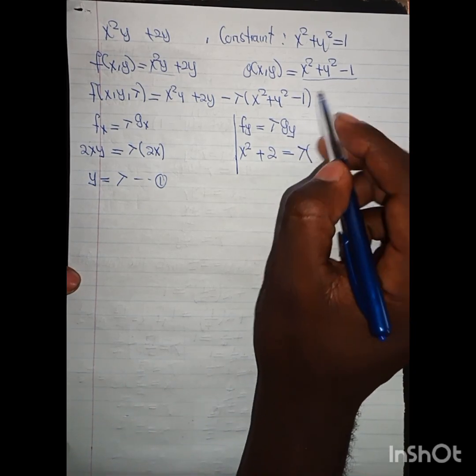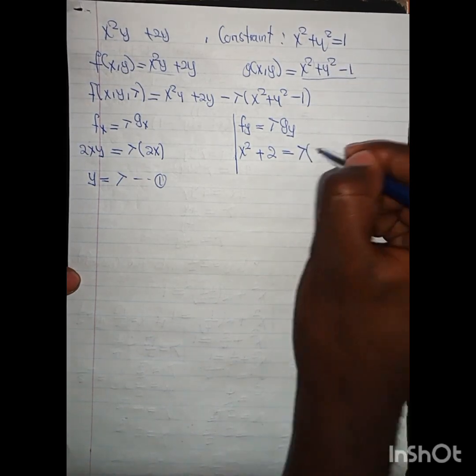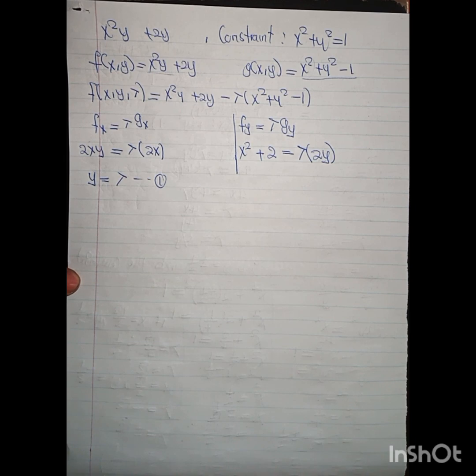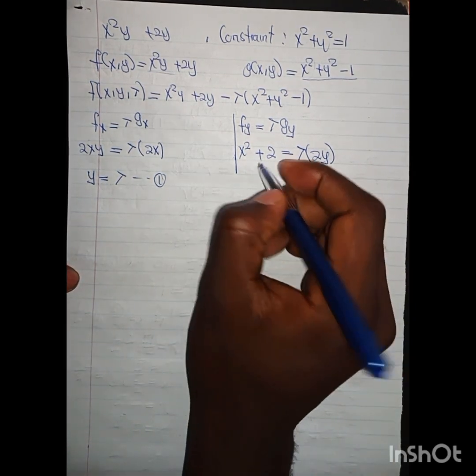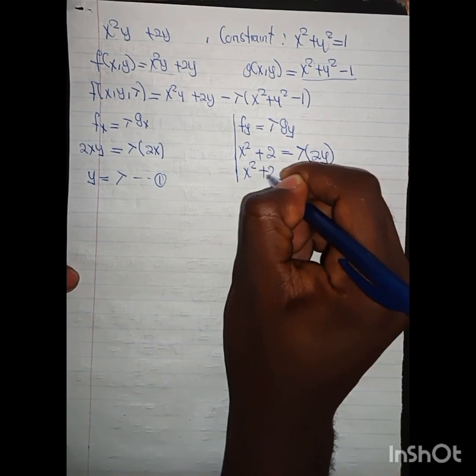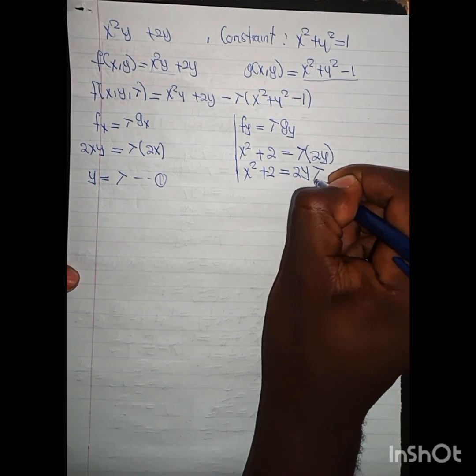Then we differentiate the constraint with respect to y. So this one is a 0, and then this one will give us 2y. And then now we will have x squared plus 2 equals 2y lambda.